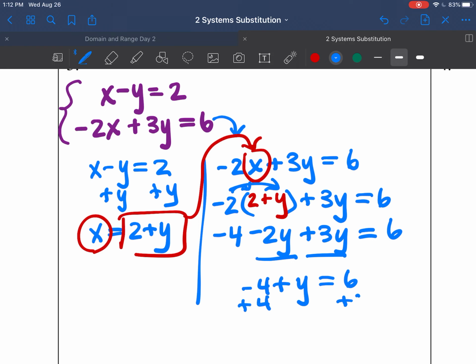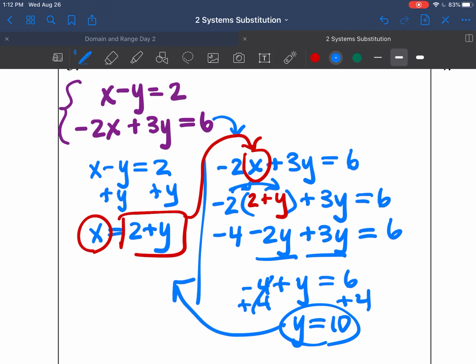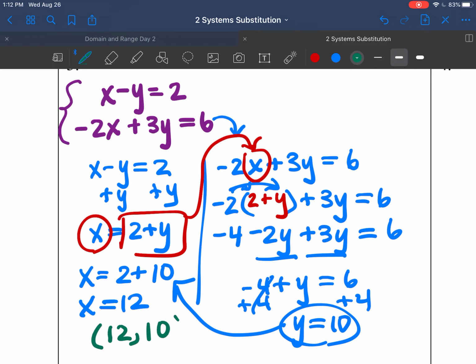And then we can add 4 to both sides, giving us y equals 10. So this time we got the y value first, but we can still plug it back in over here to get our x value. Since x equals 2 plus y, we have x equals 2 plus 10. So x equals 12. So our solution is 12, comma, 10.